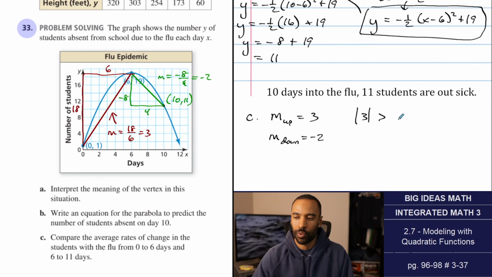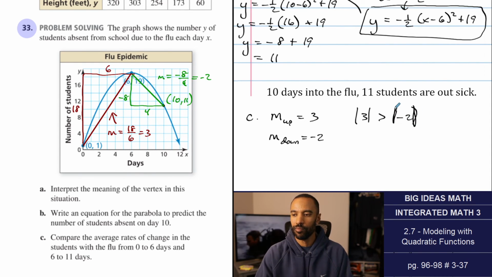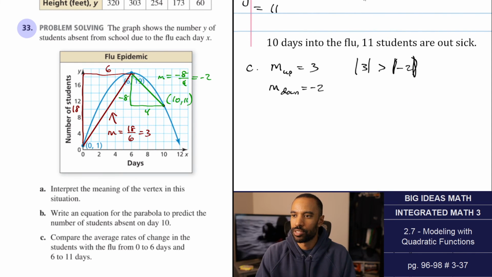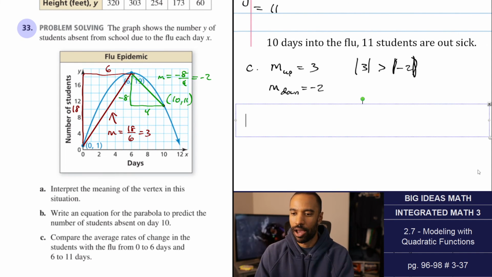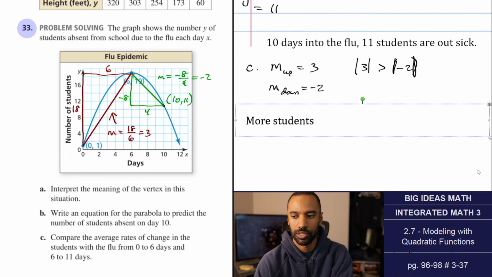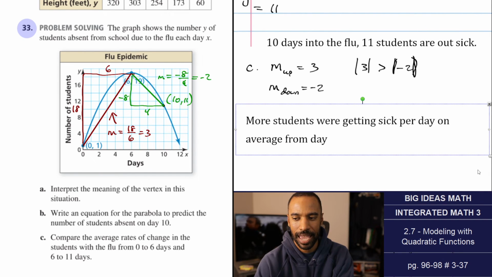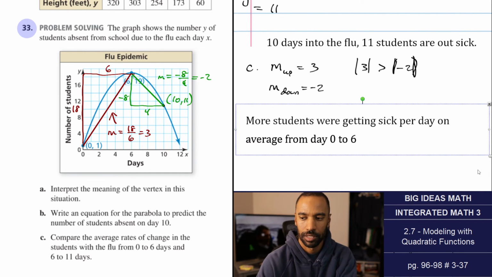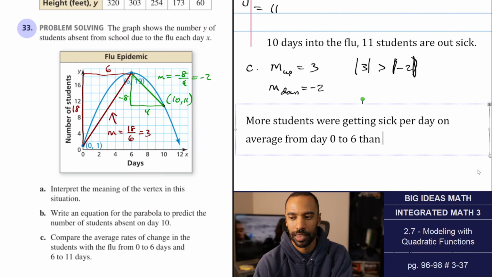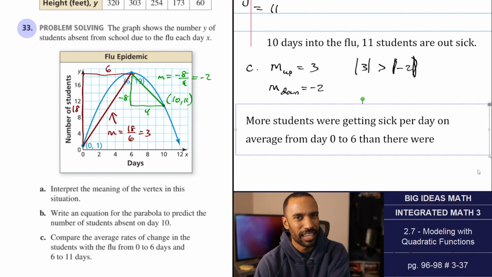The absolute value of 3 is greater than the absolute value of negative 2, which is to say more students were getting sick per day on average from day 0 to 6 than there were recovering, healing, on average from day 6 to 10.